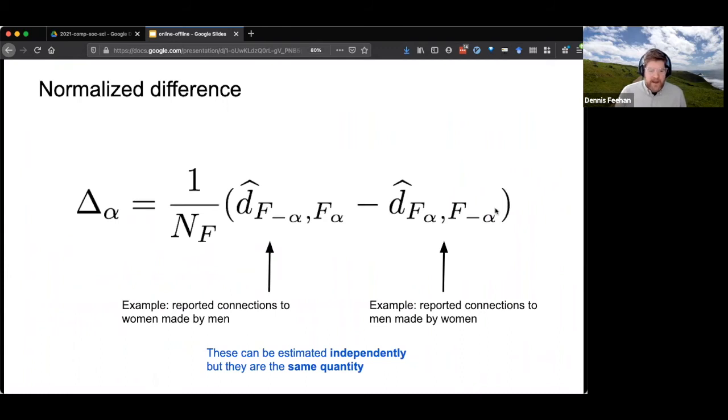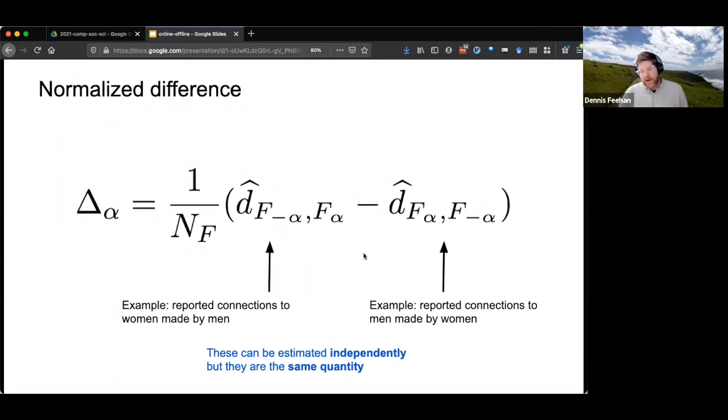So what we can do is calculate the estimated total number of reported connections to women made by men, and the estimated total number of connections by men made to women. And these 2 estimates come from entirely different data, right? This estimate here comes from the survey respondents who are male, and this estimate here comes from the survey respondents who are female.